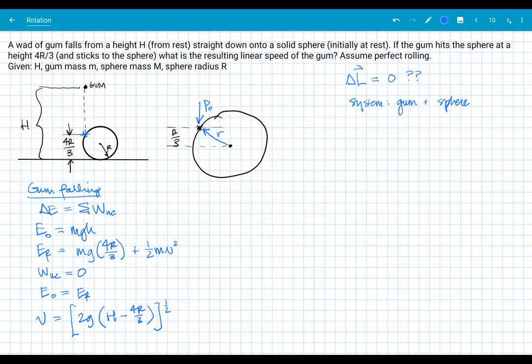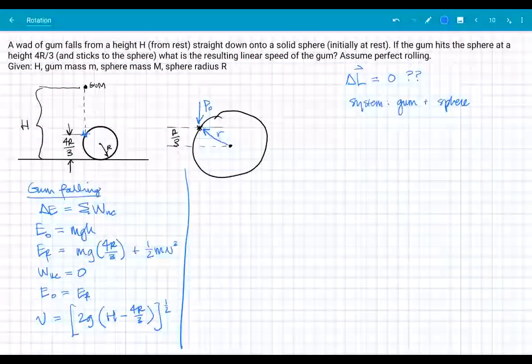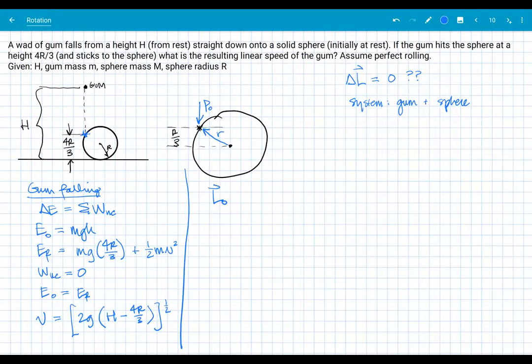So I care about the relationship between those two vectors. My initial angular momentum here, I can define as r crossed with p naught, right? That's that cross product.